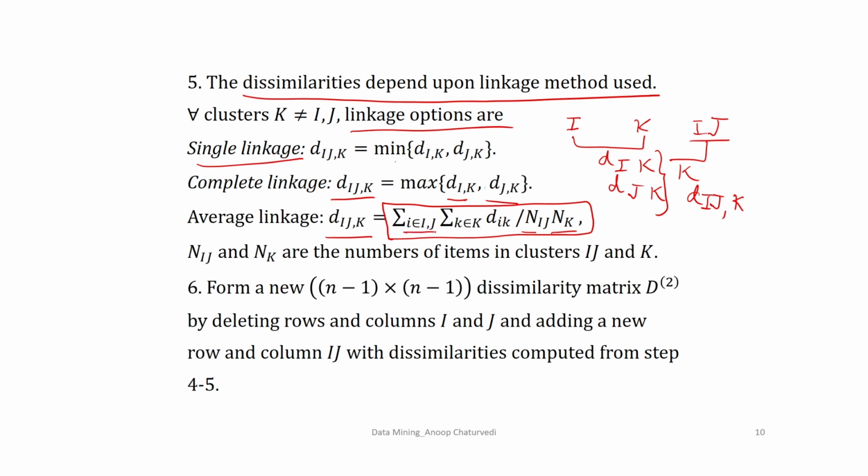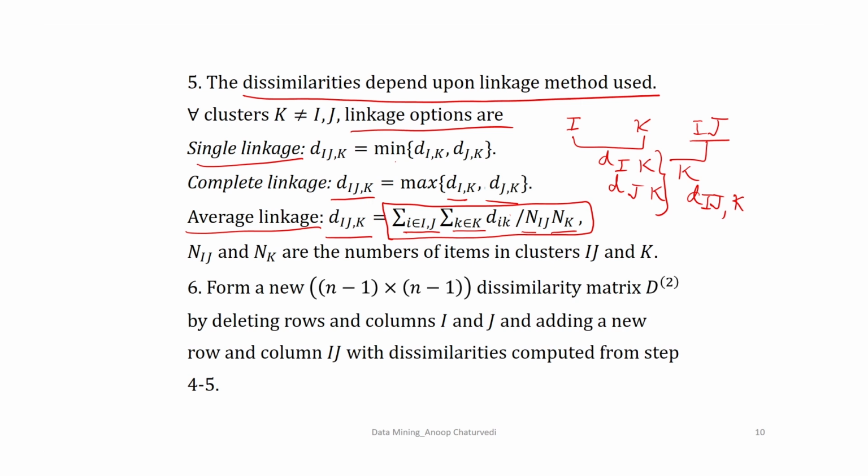You are taking i belonging to capital I, capital J. So, basically i belongs to the combined cluster capital I, capital J, and then you are taking summation over k belonging to capital K. So, you are summing all the distances and then you are dividing by the number of items in the clusters IJ and K. So, this is how we calculate the average linkage.